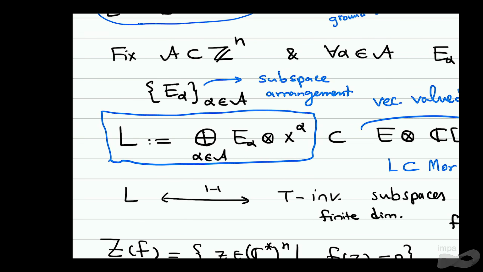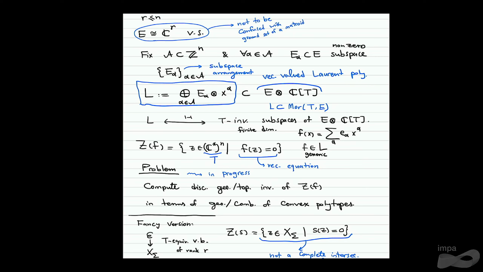In an obvious manner, these subspaces which decompose like that are invariant subspaces of the tensor product, where the torus acts only on the second factor. Then you can repeat the previous definitions: for some vector-valued Laurent polynomial f, f equal to 0 defines a subvariety in the torus.